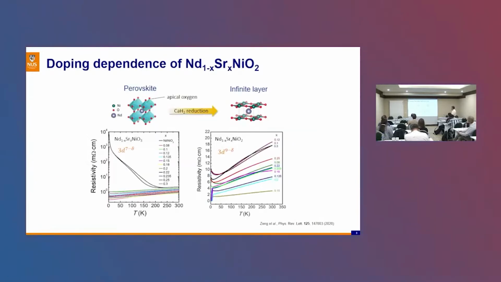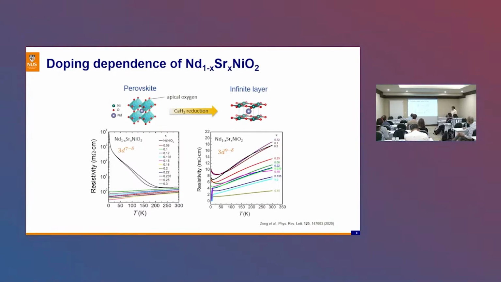Within half a year or so, we were able to reproduce this system. Then we developed the doping dependence of these Nd-based nickelate superconductors. As you can see here, the left one is the resistivity of the perovskite structure with a metal-insulator transition in the parent compound.